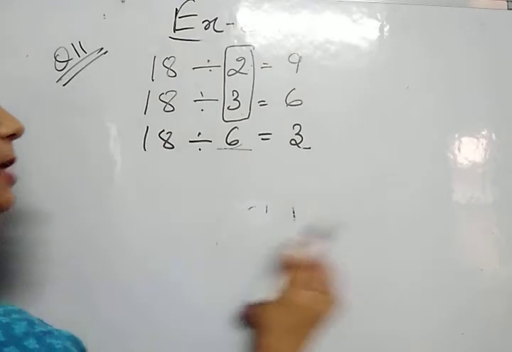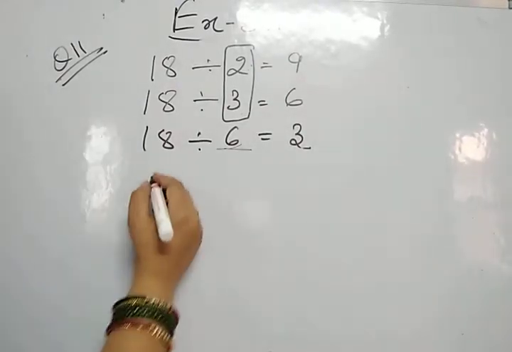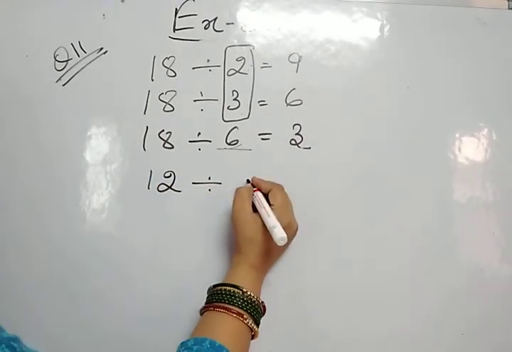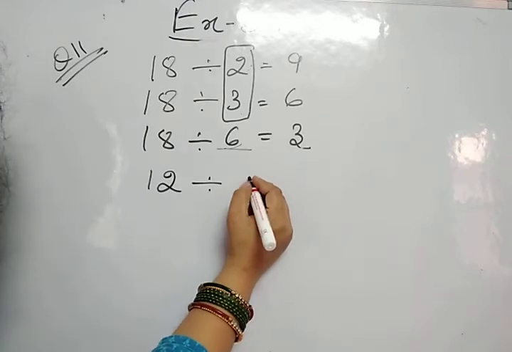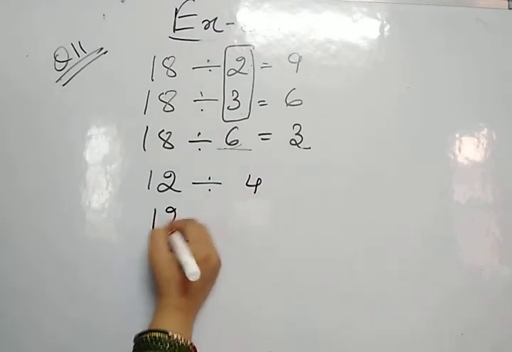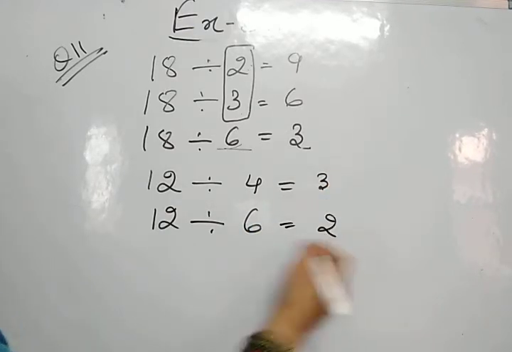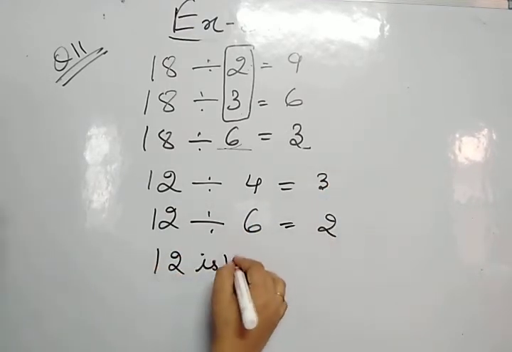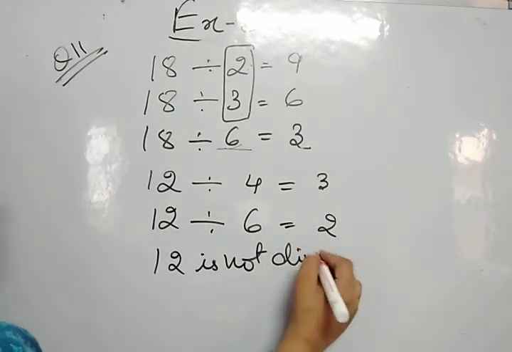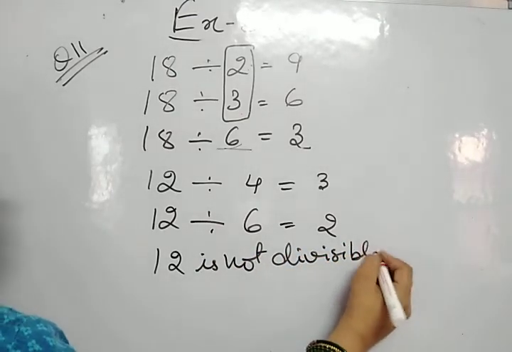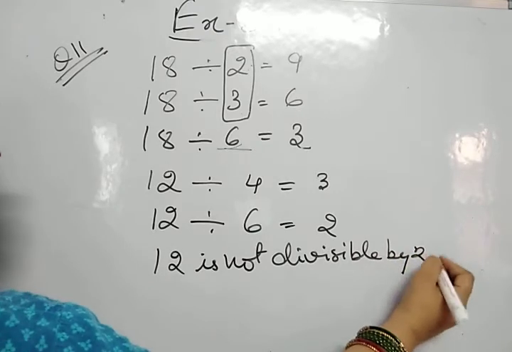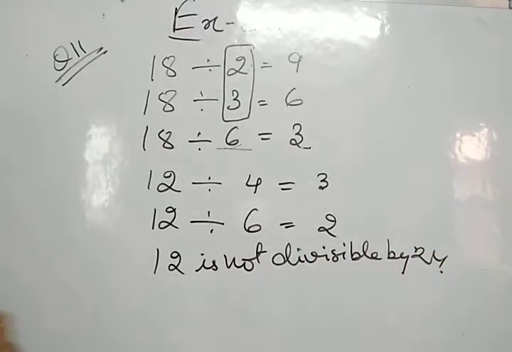So we will take one example here, like 12. 12 is divisible by 4 and 12 is divisible by 6 also, but 12 is not divisible by 24. Understood?